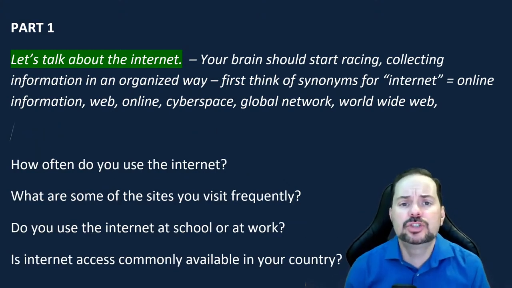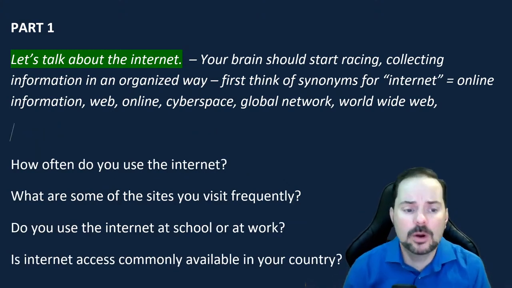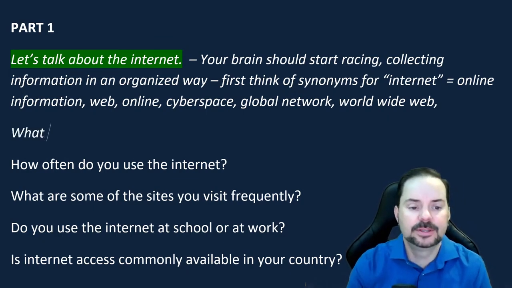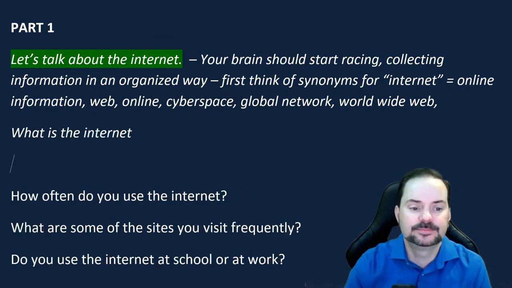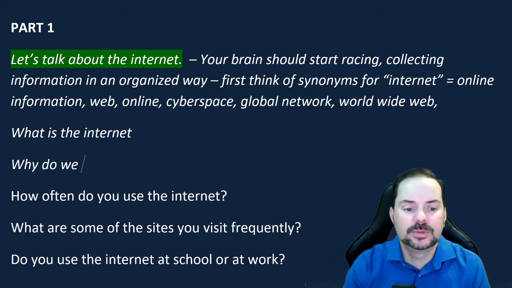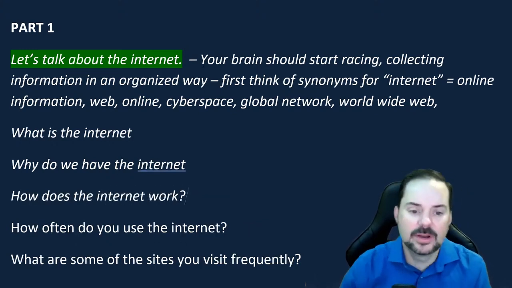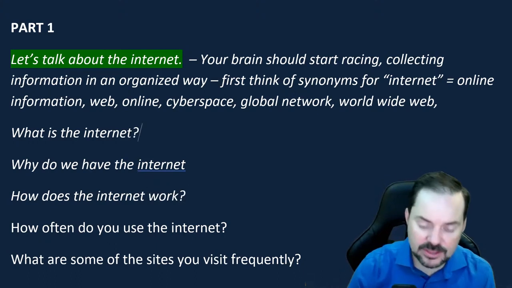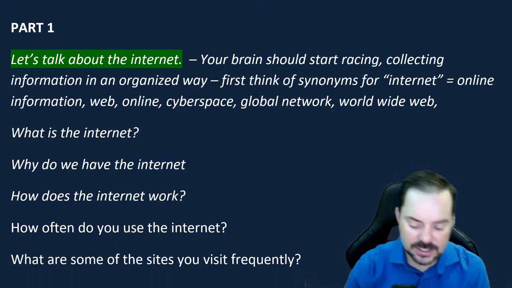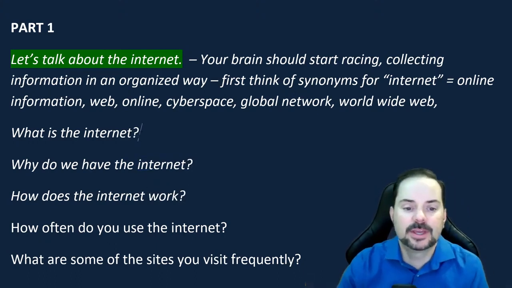And then you should think about what, why, how. So what is the internet? Why do we have the internet? How does the internet work? Right? So your brain should be thinking critically. What is the internet? Okay.